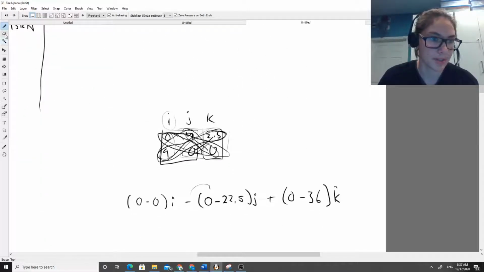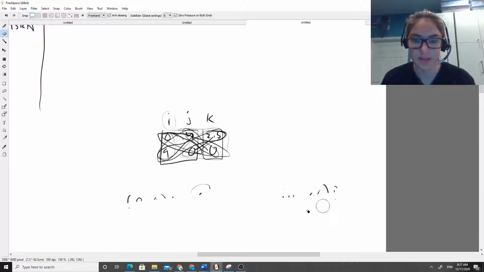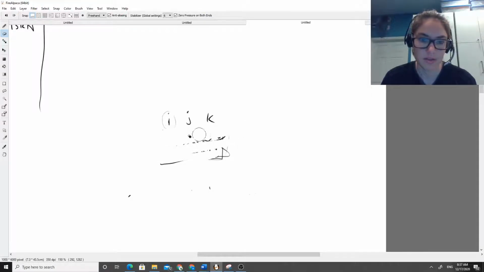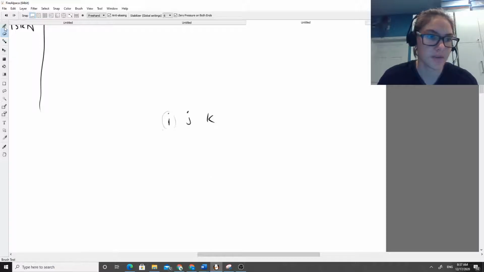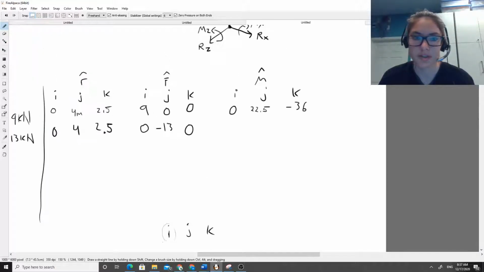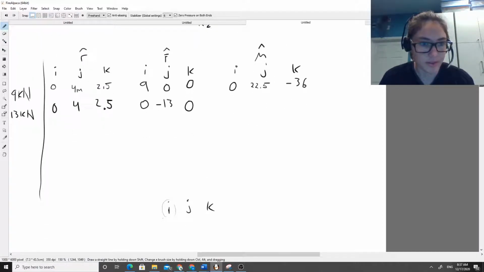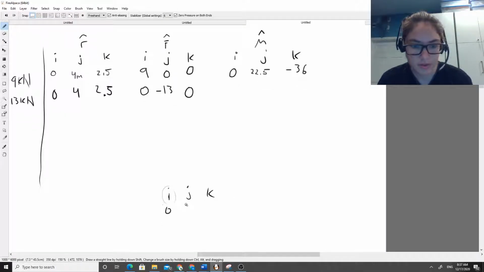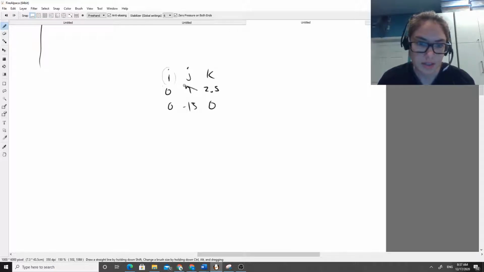So I'm going to go ahead and go through that process. Make sure I'm not skipping any steps here. And we'll say, here's our position vector. That's going to be 0, 4, 2.5. Here's our force vector, 0, negative 13, 0. i is going to be 0 minus a negative 13 times 2.5.